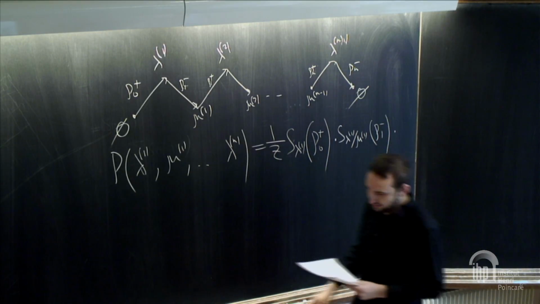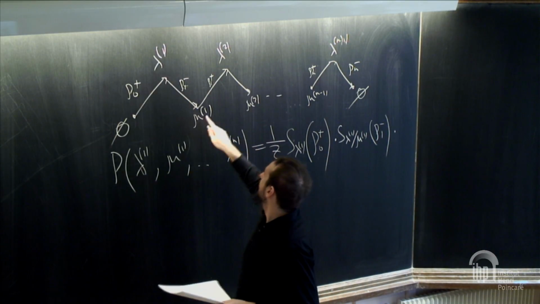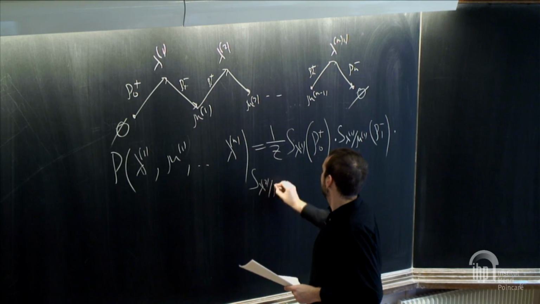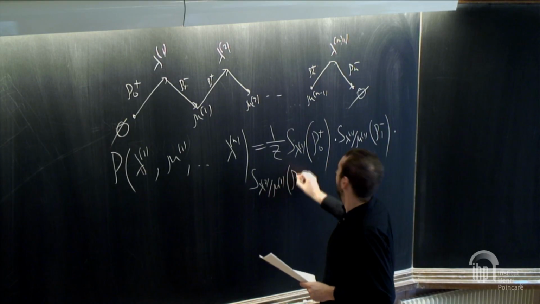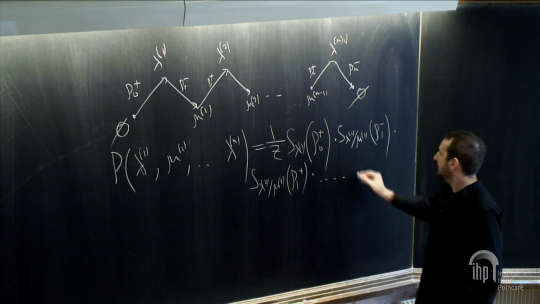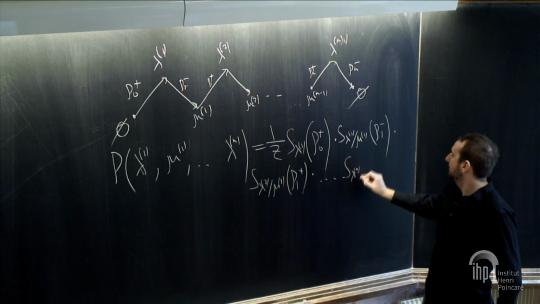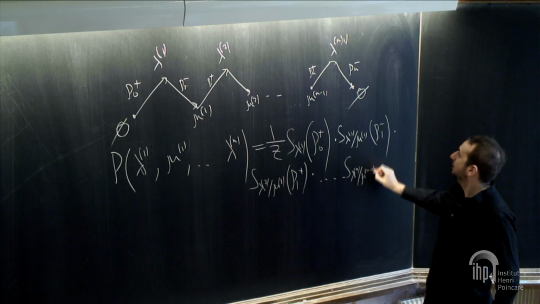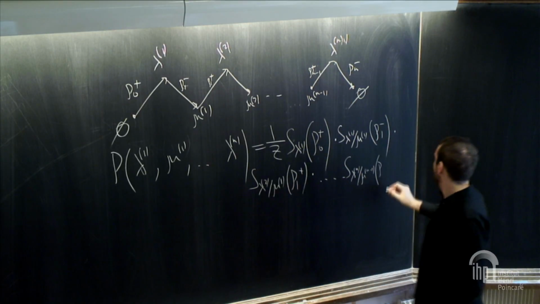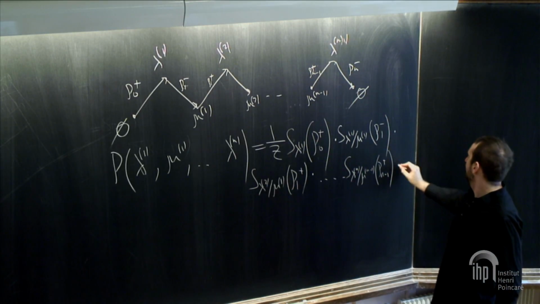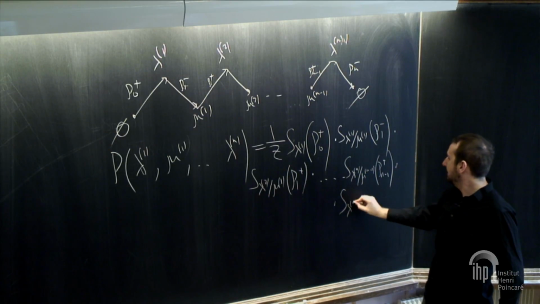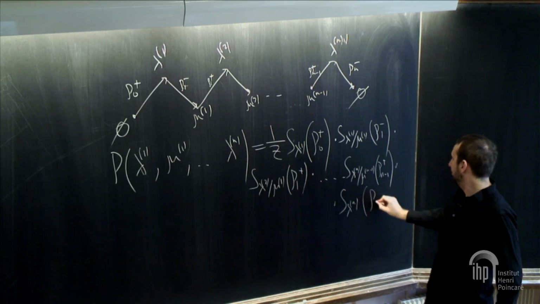Then you continue: you multiply by lambda 2 over mu 1 of rho 1 plus, etc., until you reach the very end. So you have lambda n over mu n minus 1, with rho n minus 1 plus, and finally there will be lambda n with rho n minus.